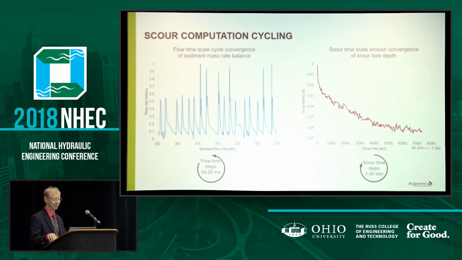And it's a decay function, and if you heard Cornell's talk yesterday, it's that type of function. First it goes very quickly as the scour holes form, it slows down, and eventually it goes asymptotic where things aren't changing anymore.